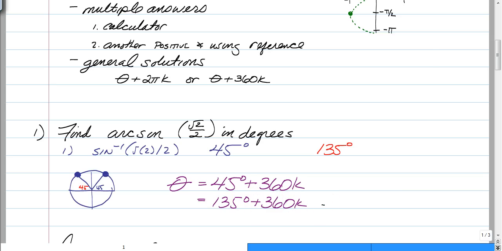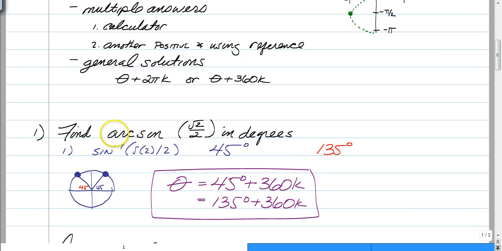The 360k takes care of your angles of rotation. So you're going to have your 45, your 405, and you're going to keep on adding 360, and if k is negative, it's going to go backwards. So we can also have negative 315 degrees, because that would just be k of negative 1. This is how you write your final answer.